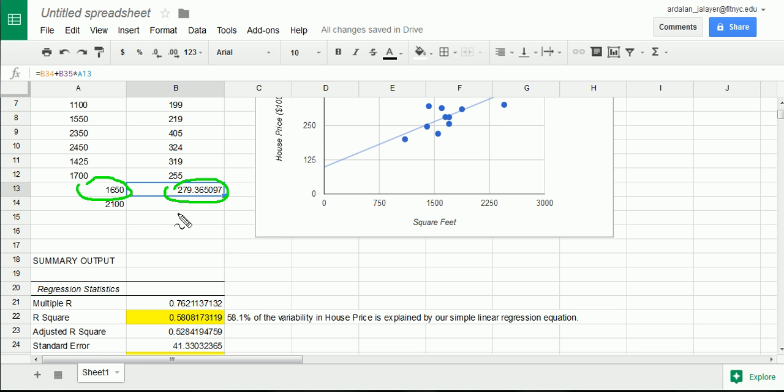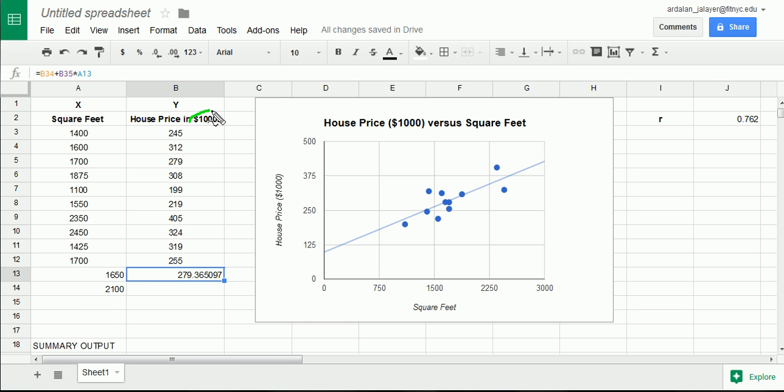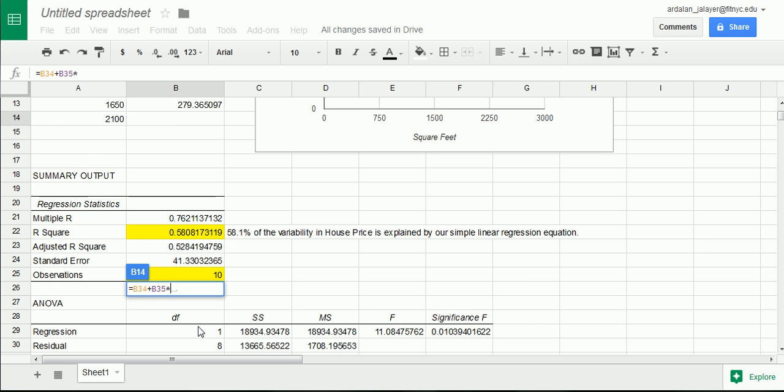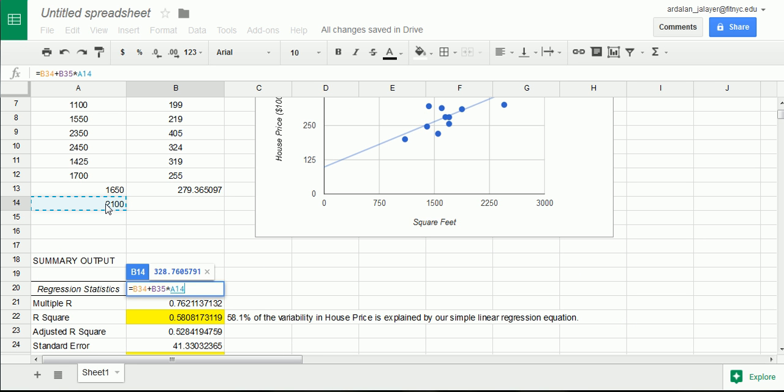To be more exact, 279,365, right? Because this is in thousands. Now let's do the same for a 2,100 square foot house that's just coming on the market. So equals B0, I'm just clicking on B0, plus B1 times 2,100.